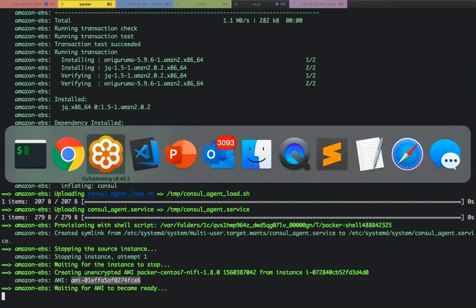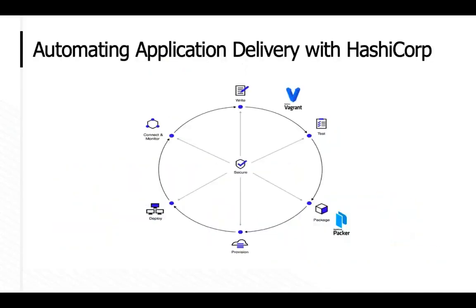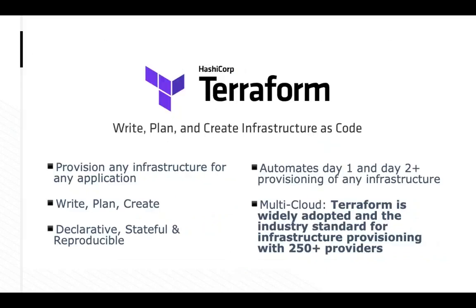So let's move on to one of the more popular HashiCorp tools in our wheel of app delivery, the provisioning tool, and that's Terraform. There's been tons of talk about Terraform lately. So what is Terraform? It falls into the infrastructure as code provisioning tool bucket. What is very popular about it is the number of providers and people that are using it.